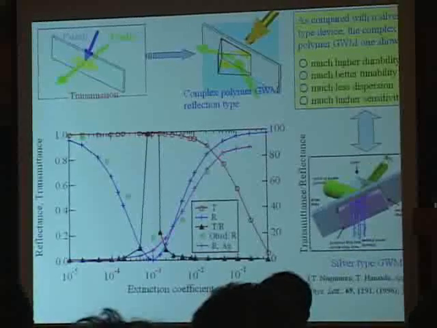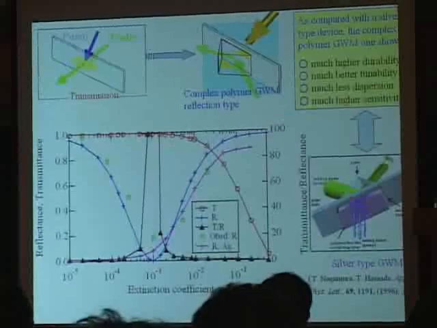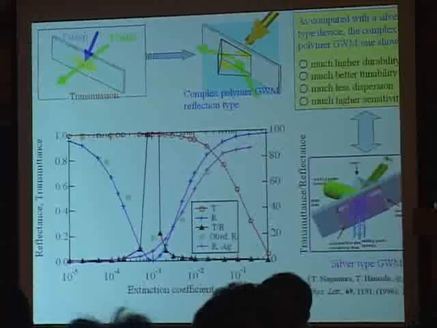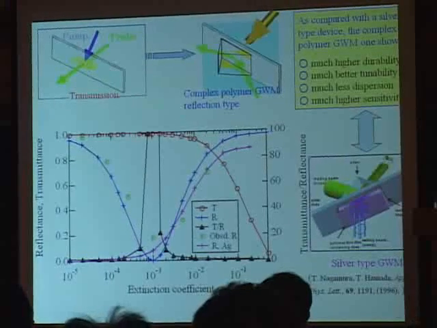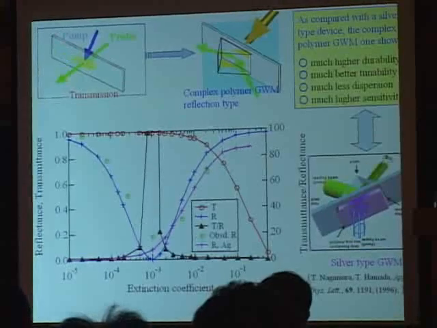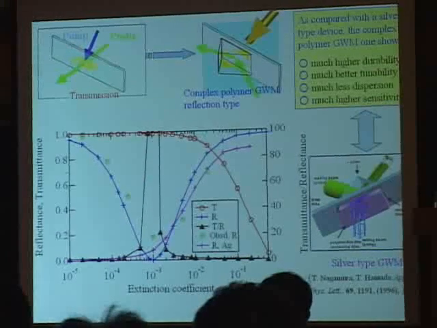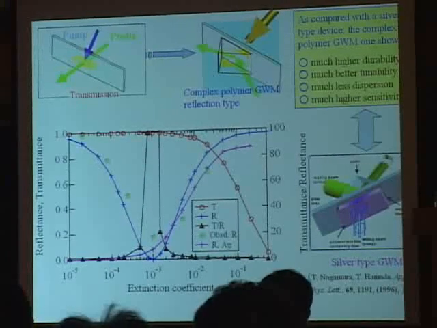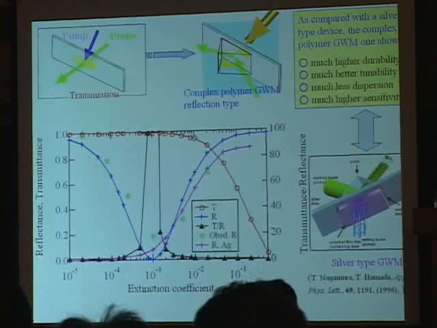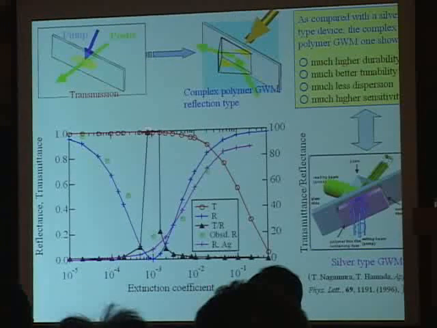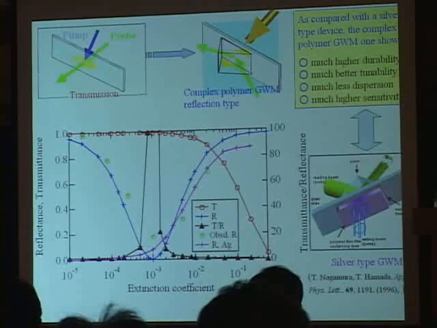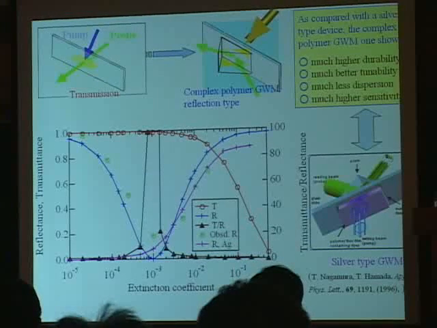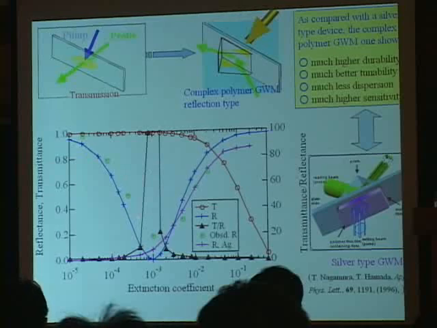Then it increases again. And if we use a slide projector using just a filter of this type, okay, this is a transmission type, then of course the transmittance becomes smaller at some value, and then it becomes very, very small at higher absorption, of course.